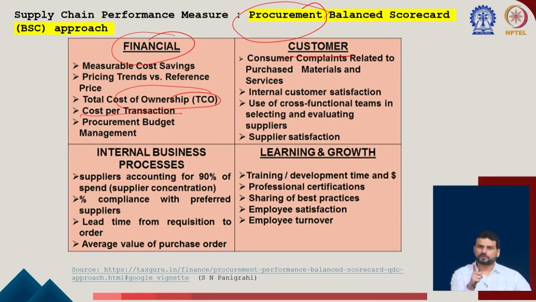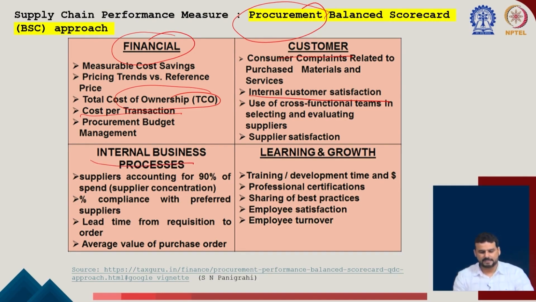Then you will find out quickly that this is happening because of the problem in the component of the sound system, right? Internal customer satisfaction, we can use cross functional teams for selecting and evaluating suppliers. We have already discussed in detail how we can select the vendors based on that. Any customer complaint that is coming directly related to the vendor of that particular component, that is the responsibility of that vendor, and we need to improve that in collaboration with the vendor.